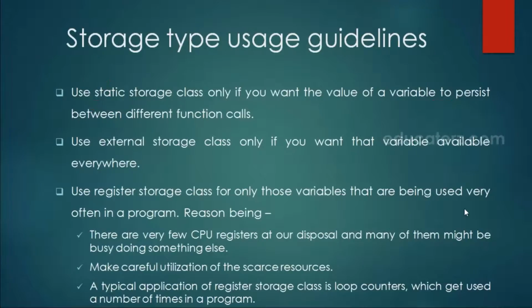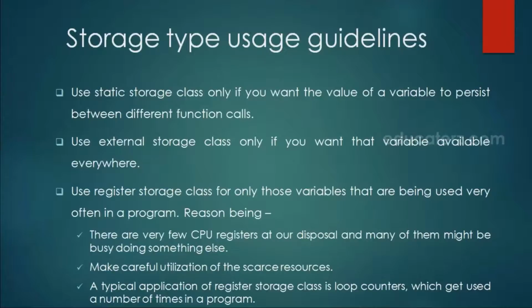Now here we can see when to go for which storage class. Mainly we have seen automatic is the default storage class. So if we don't provide any storage class explicitly, by default it will be of auto type, which takes the garbage value, and its life and scope is the block in which it is declared. Then we have seen register. Register is the same as auto, but the difference is it gives better performance. Then we have seen static.